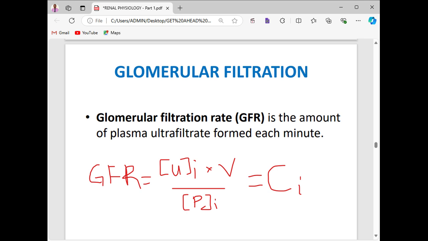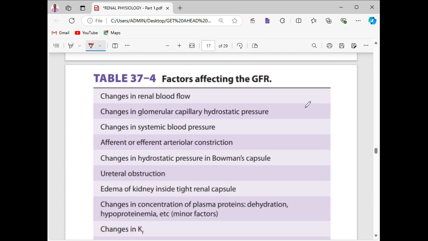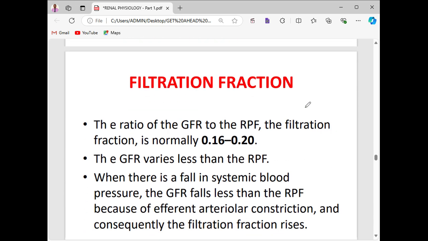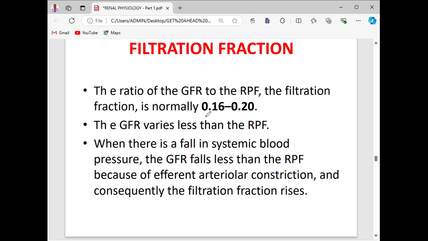Under normal circumstances, the kidneys receive about 25% of the cardiac output. I think I already mentioned that. Okay, so we have filtration fraction. Let me paraphrase what is on this slide. This has to do with the portion of renal plasma which becomes the filtrate.